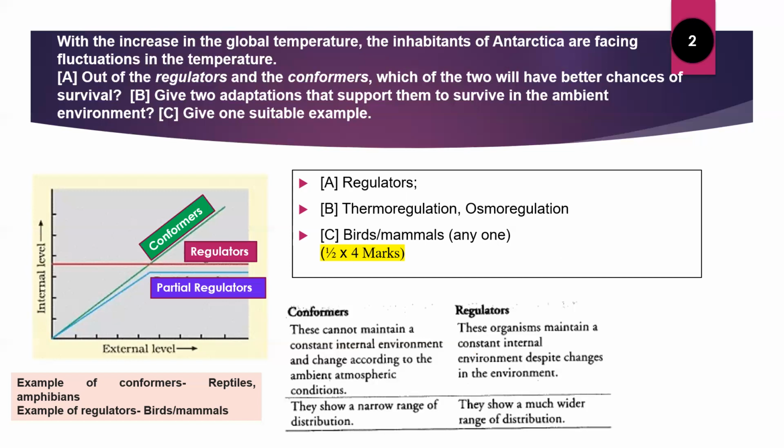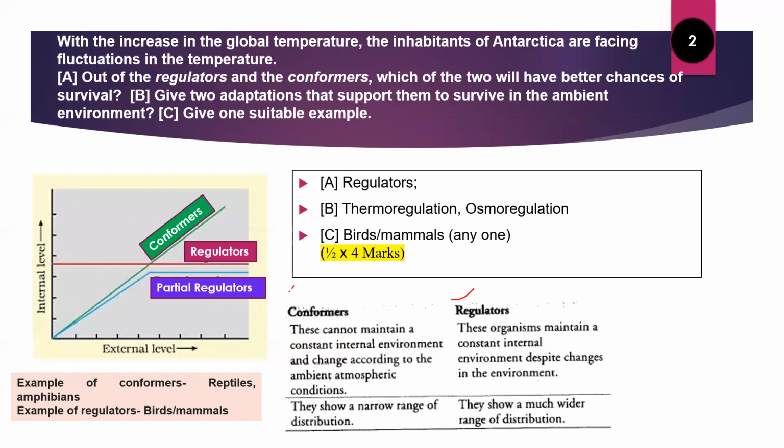And some other organisms are unable to maintain a constant internal environment and change according to the ambient conditions. These regulators show a much wider range of distribution, while conformers show a narrow range of distribution.